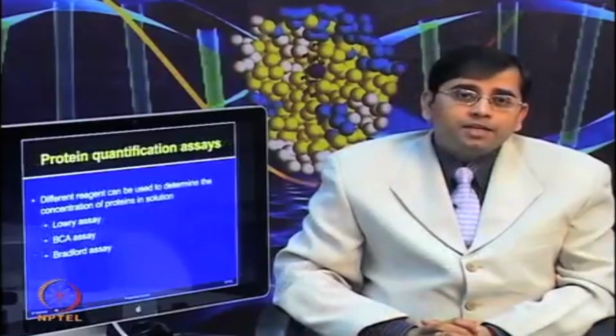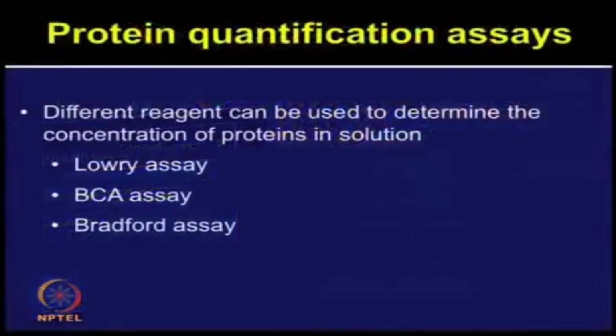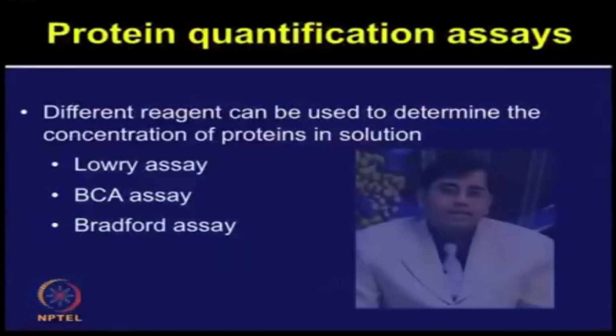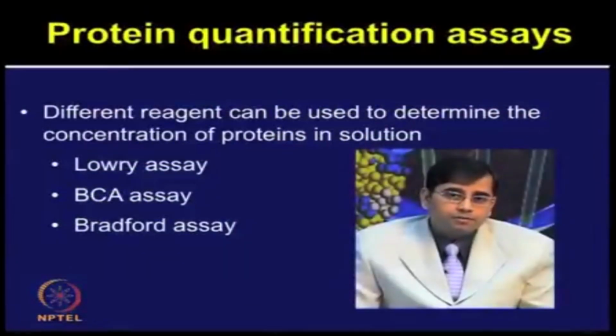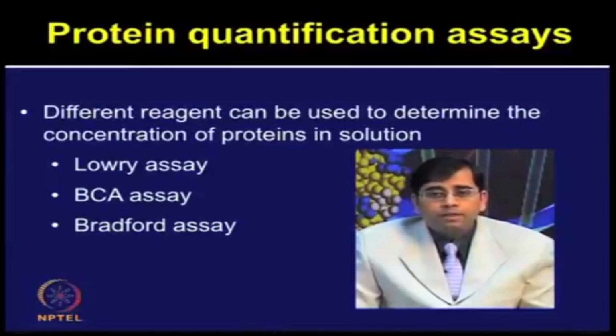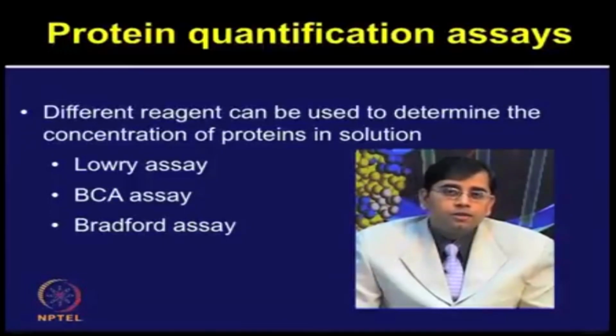To overcome these limitations, different reagents and different quantification assays have emerged, and these reagents can be used to determine the concentration of proteins in a given solution. These methods include the Lowry assay, BCA assay and Bradford assay.